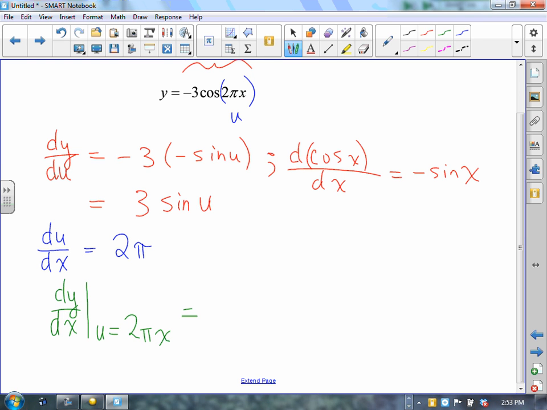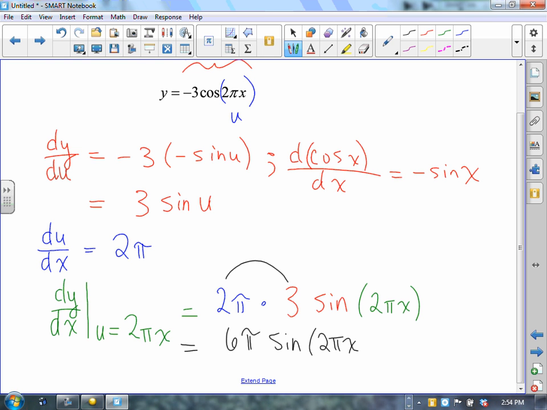So let's take on du by dx, that's 2 pi. We'll multiply that by 3 sine. Now do you recall what u is equal to? 2 pi x. So at the end of the day, we have, let's distribute here, 6 pi multiplied by the sine of 2 pi x.